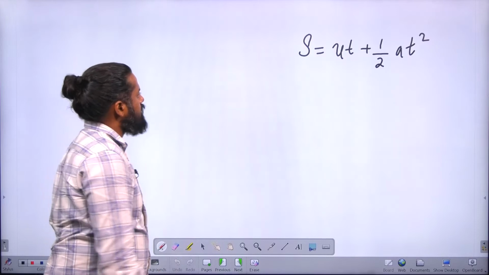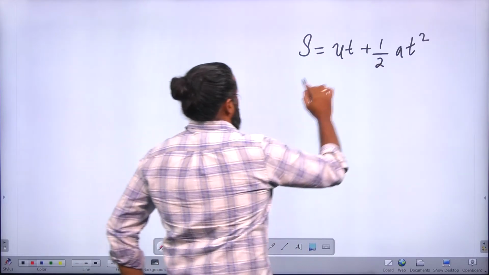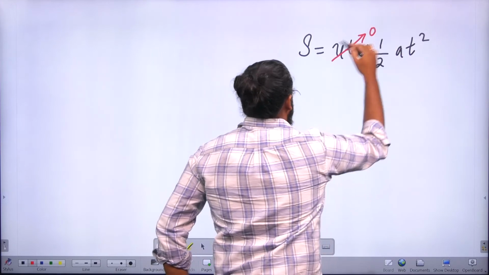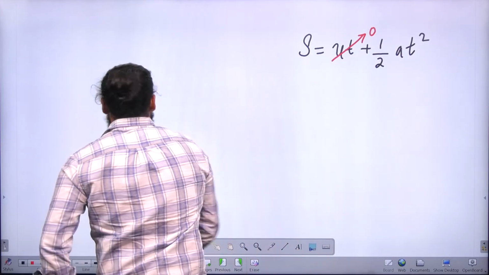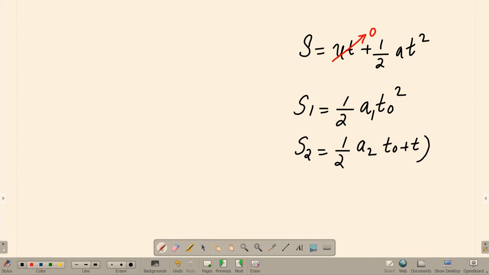Initial velocity is zero since it is starting from rest, so that vanishes. For car 1, S1 is half a1 t0 square. Similarly, S2 is half a2 into t0 plus t the whole square.